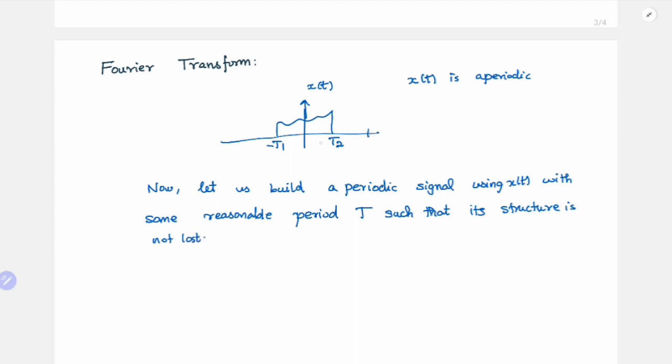Because at least T should be greater than the signal width, right? Otherwise the copies will just overlap on each other. So that is what it means.